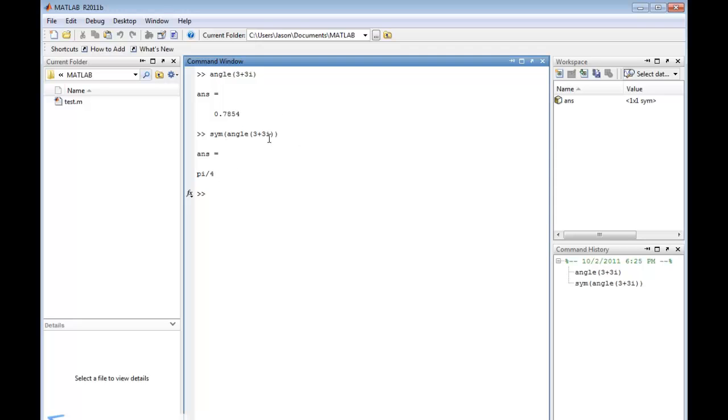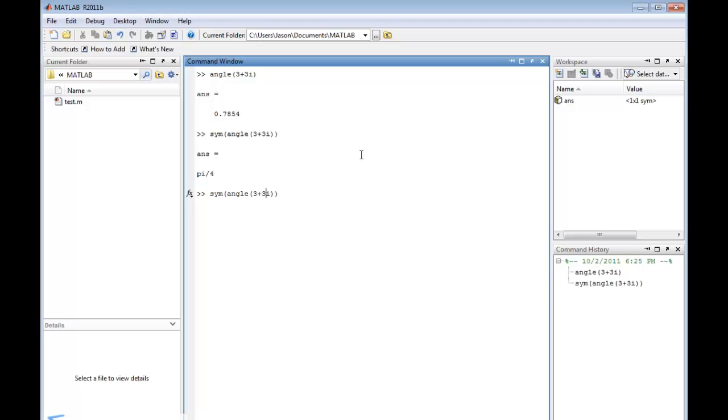Again, the answer's in radians, because MATLAB always deals in radians, but it keeps the answer symbolic. In other words, exact. 0.7854 is good enough for most uses, but it's not exact. It's a numeric approximation. Pi has infinite decimal places. The division by 4 means you get another number with infinite decimals. So it's trying to keep it exact.